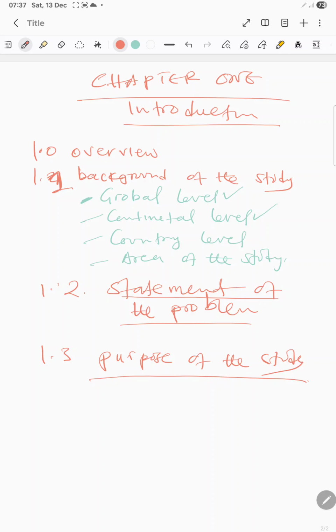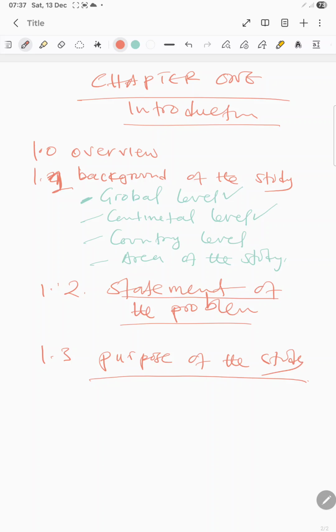So now, when writing the purpose of the study, you just say the purpose of this study will be, then you write the topic that you are writing on. So for instance, you say the purpose of this study will be to determine the factors that are leading to poor performance in mathematics. So that is your topic, which is looking at poor performance in mathematics.